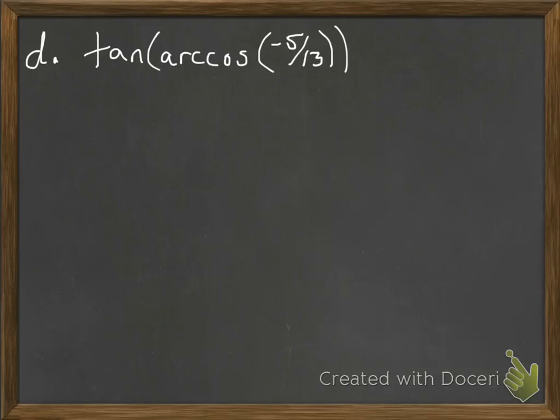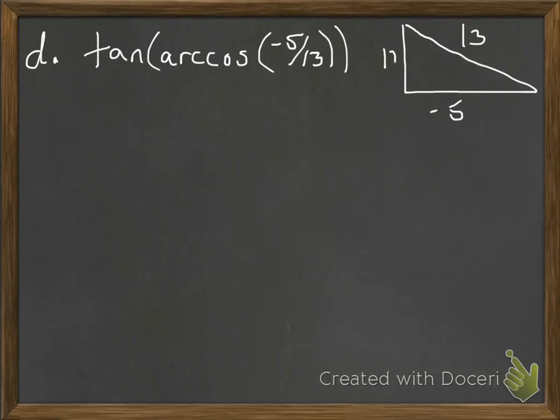So we're going to be in quadrant 2 here. Okay, so there's our adjacent side of negative 5, and our hypotenuse is 13. 13 squared is 169. 5 squared is 25. 169 minus 25 is 144, and the square root of 144 is 12. So 5, 12, 13 is also a Pythagorean triple.